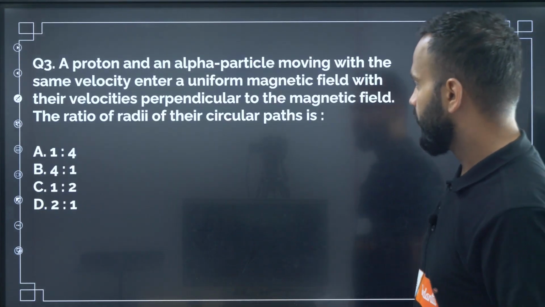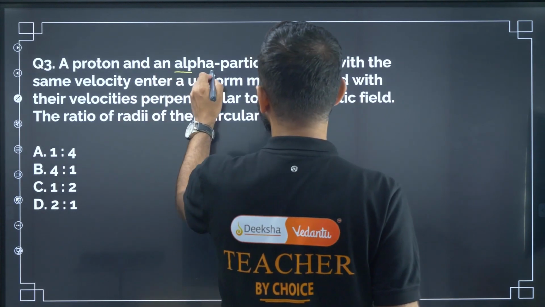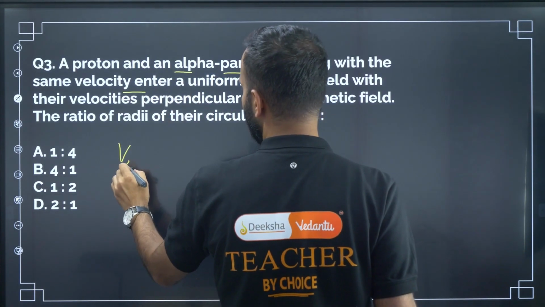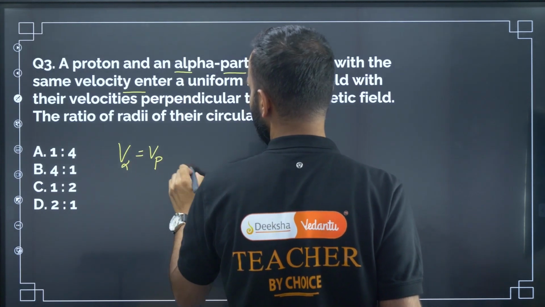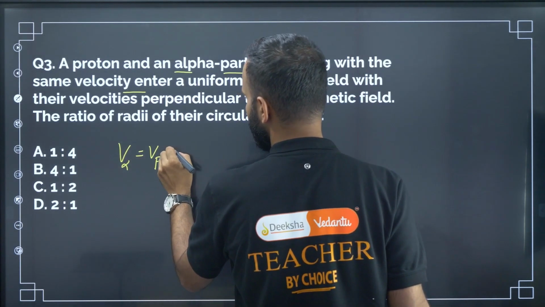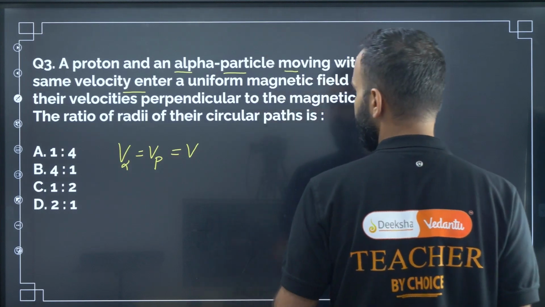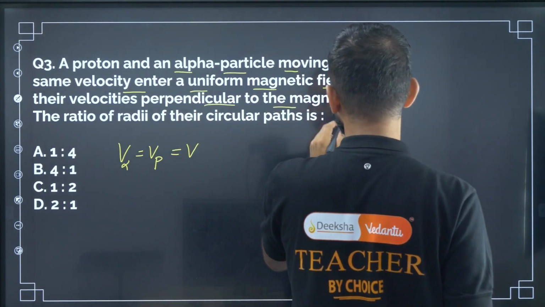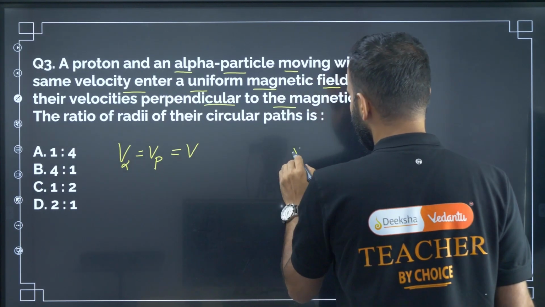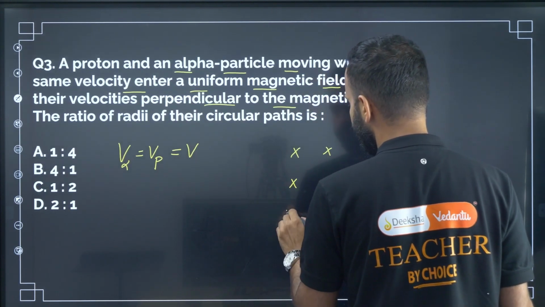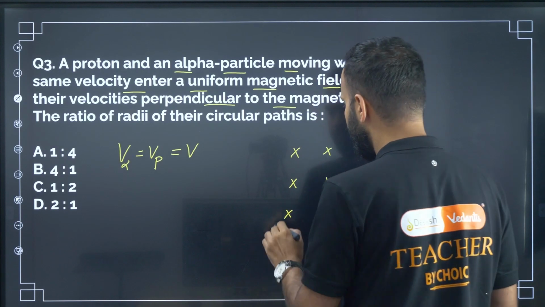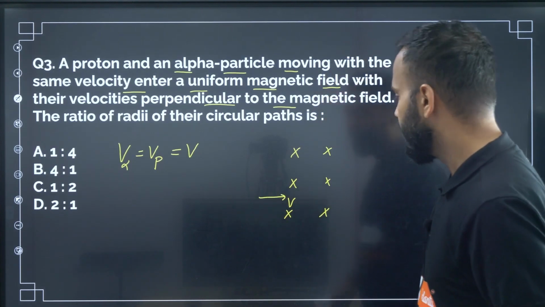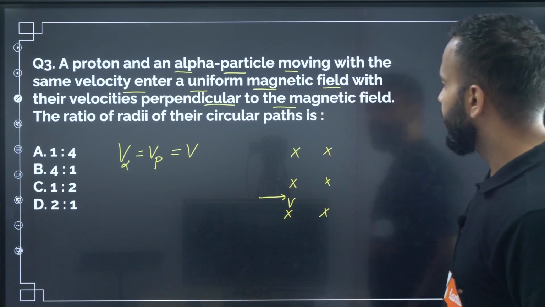Next question, question number 3. A proton and an alpha particle move with the same velocity. Here V alpha equals V proton, which is equal to V. They enter a uniform magnetic field with their velocity perpendicular to the magnetic field. The magnetic field is into the plane, and this is the direction of the velocity of the alpha particle and proton, perpendicular to the magnetic field.